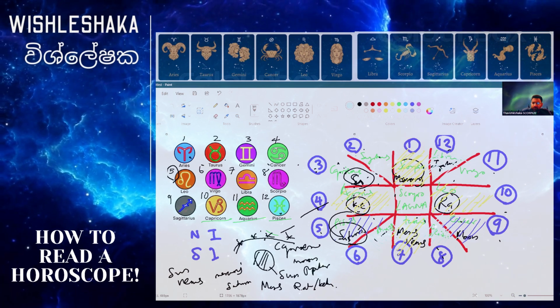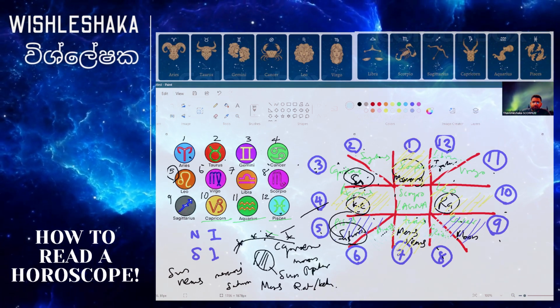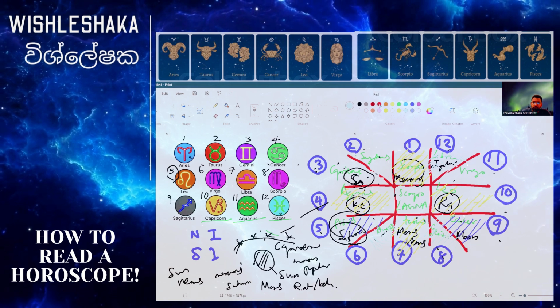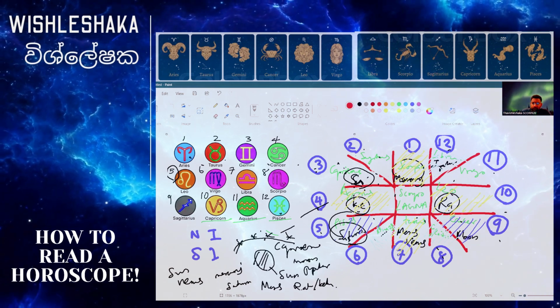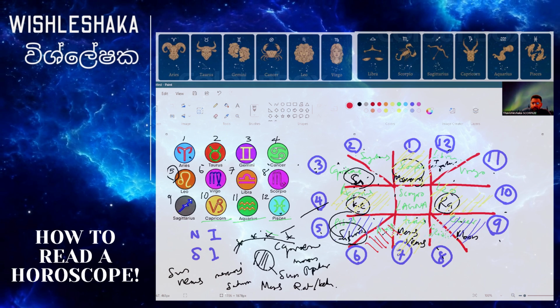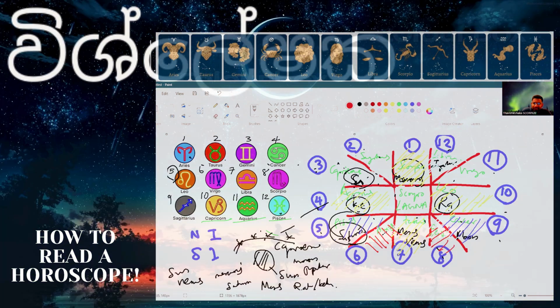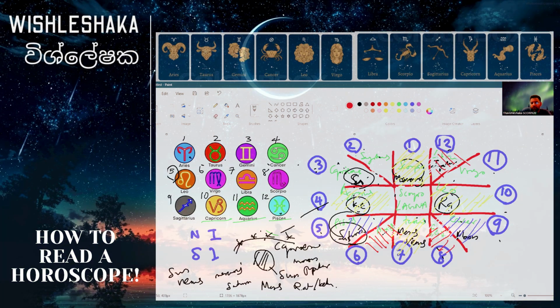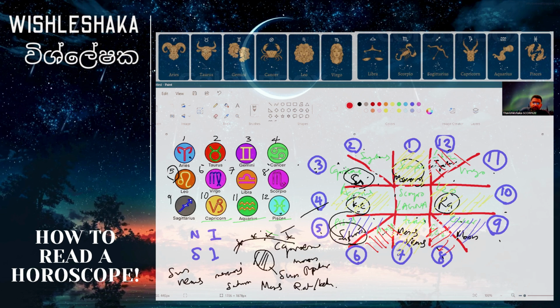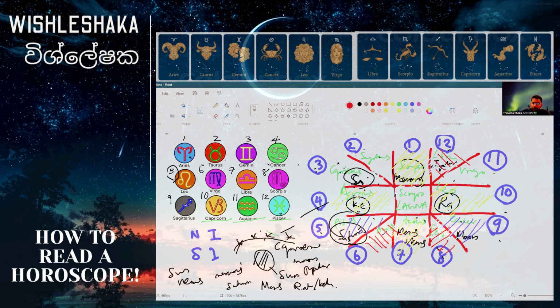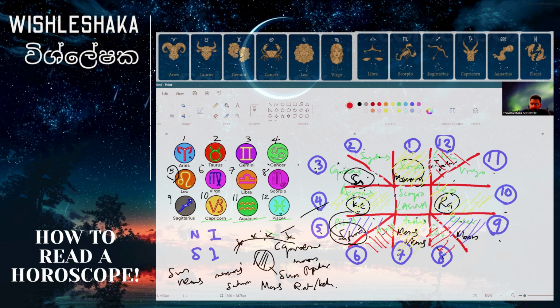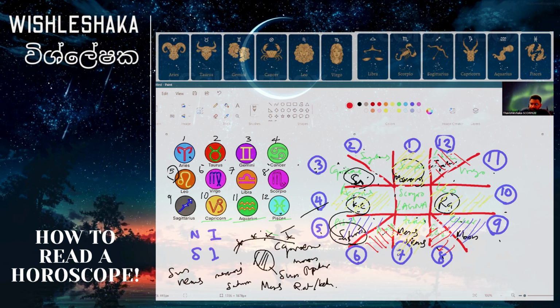So 6, 7, 8 are pretty bad. Those are the worst houses. If you have a planet here, that thing will be ruined. For example, Donald Trump has his 7th lord in the 12th house. He married three times.